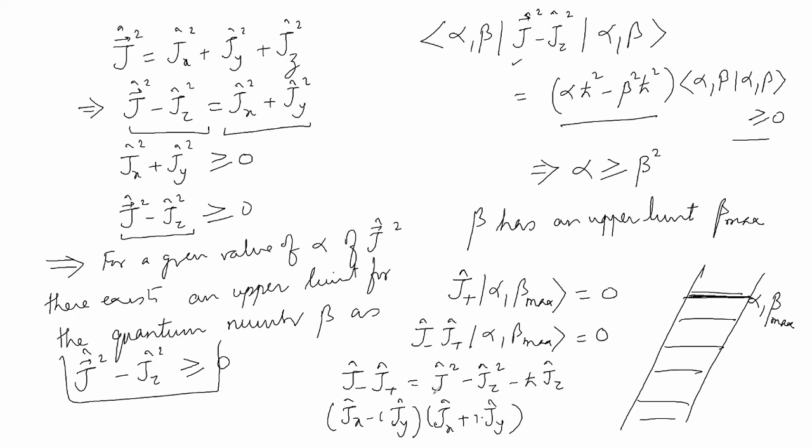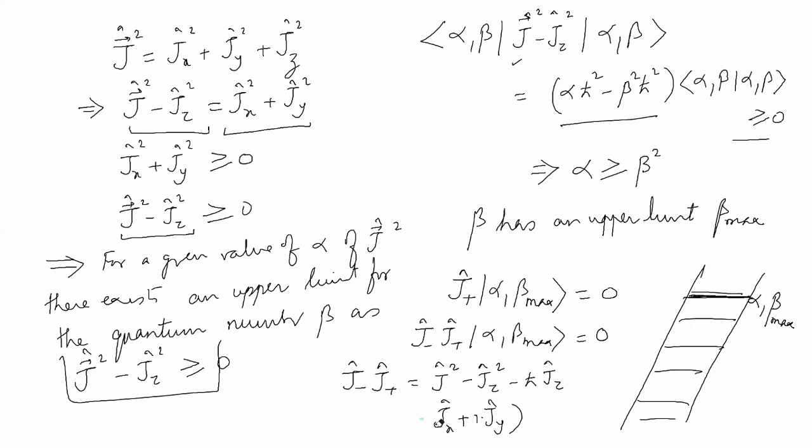So instead of Jx square plus Jy square, we are writing J square minus Jz square, and then we have plus iJxJy and minus iJyJx, and we are using the commutation relation to write it as minus h cross Jz. Therefore we can write J minus J plus as J square minus Jz square minus h cross Jz.